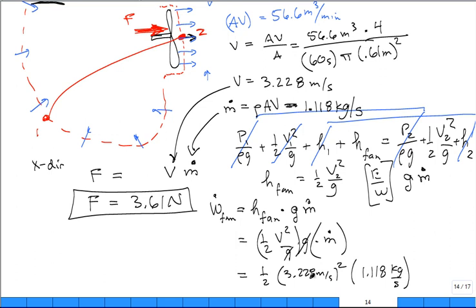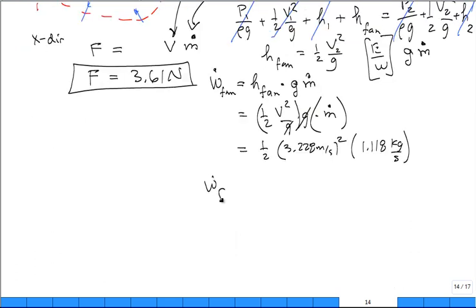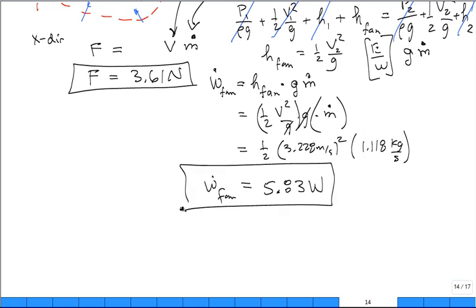Well, I need a newton times a meter, then that's a joule, and per second it's a watt. So the minimum power to drive the fan is about 5.83 watts. Make sense?